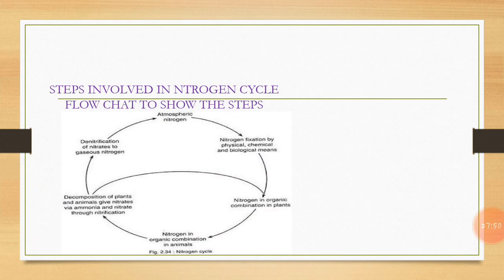In this process, what happens? In the first step we have got the ammonia. The ammonia is converted into nitrate by the presence of bacteria in the soil. The nitrates are formed by the oxidation of ammonia. How does this nitrate formation take place?